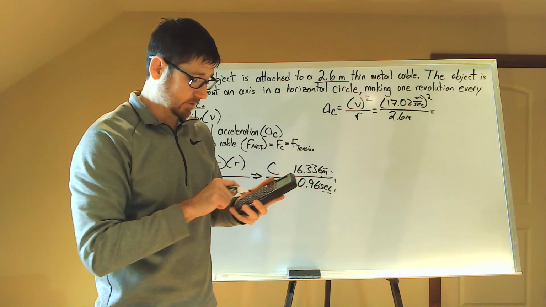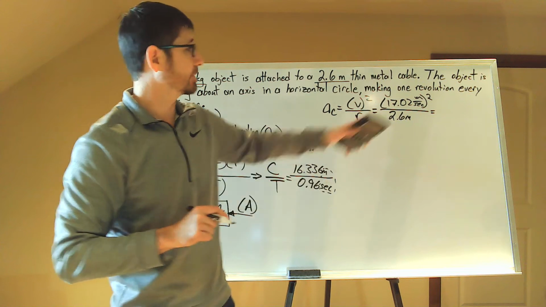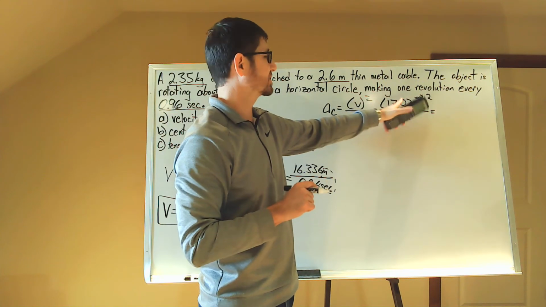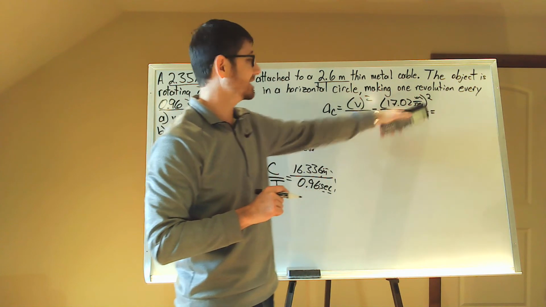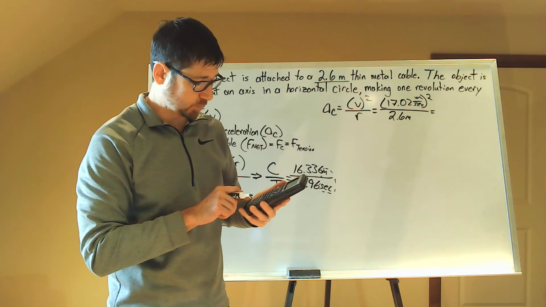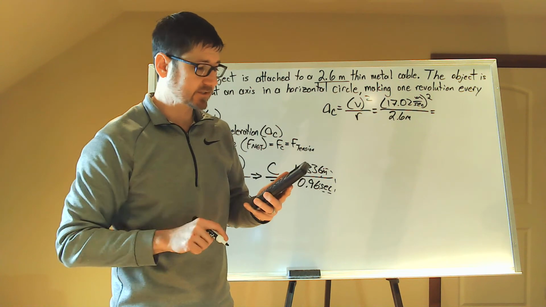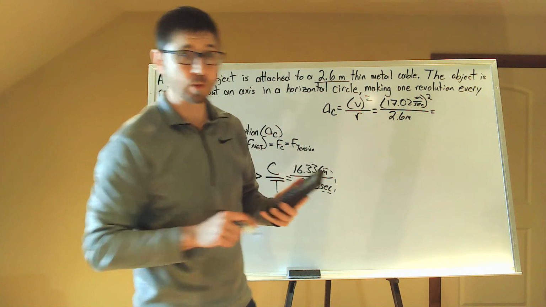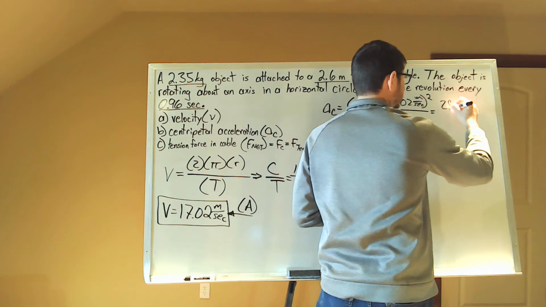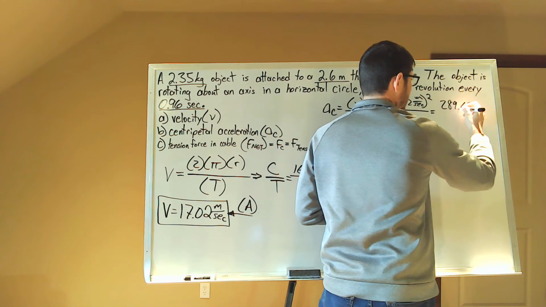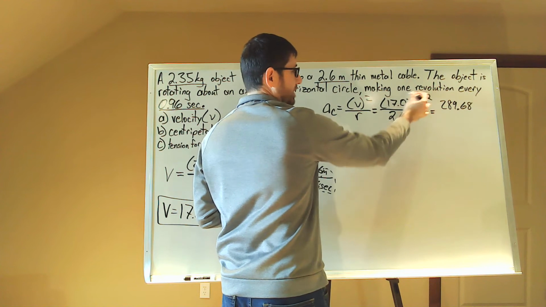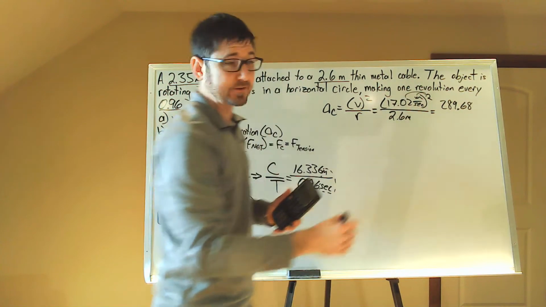Now, not only are we taking the square of the numerical value, we're squaring the unit value as well. So 17.02 squared gives us 289.68. So we squared the numerical value and we're squaring the unit value.